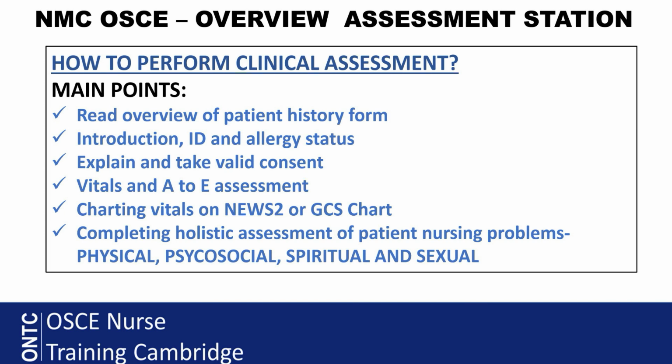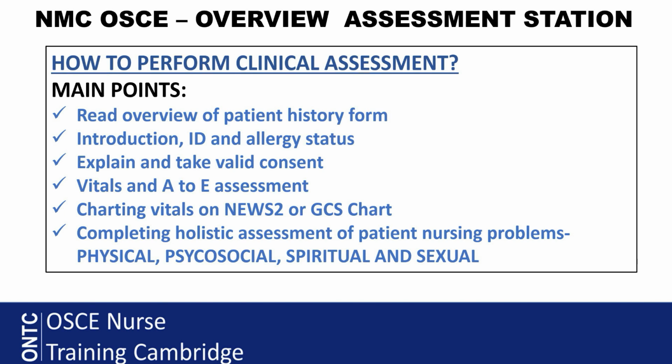Next thing, we do need to chart vitals. We've done the vitals and A to E assessment, now we need to chart those vitals. Either you chart on the NEWS chart, or if it's a neuro scenario, you chart on the GCS chart. In a neuro scenario, you have to do extra things as well.